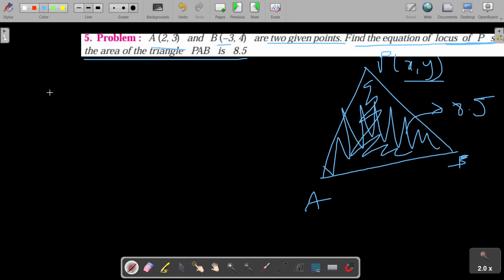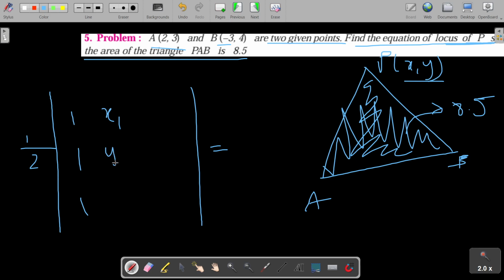If I am given 3 points and need to calculate the area of the triangle, the formula is the determinant with rows 1 1 1, x1 x2 x3, and y1 y2 y3, which gives the area of triangle PAB.